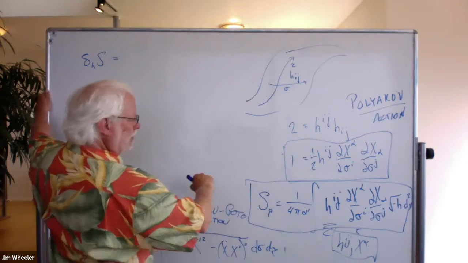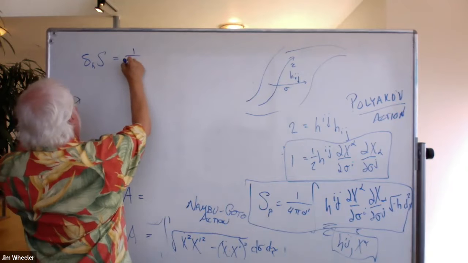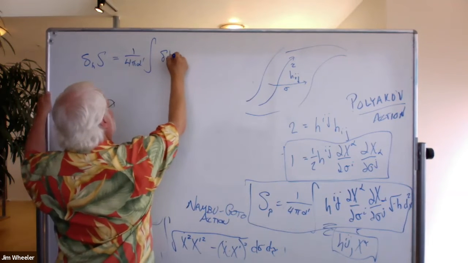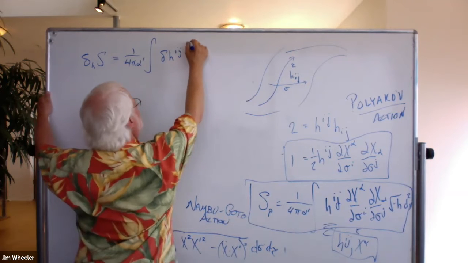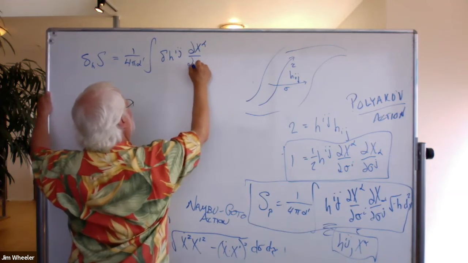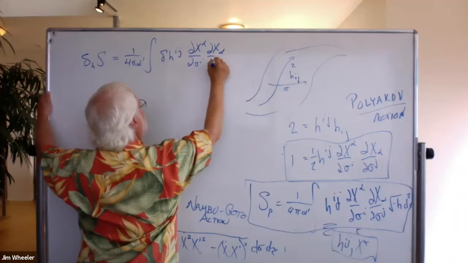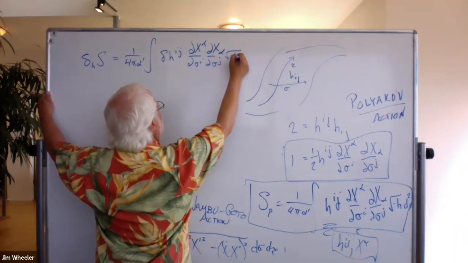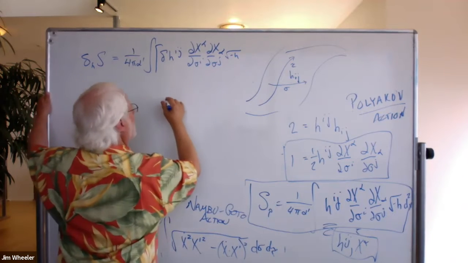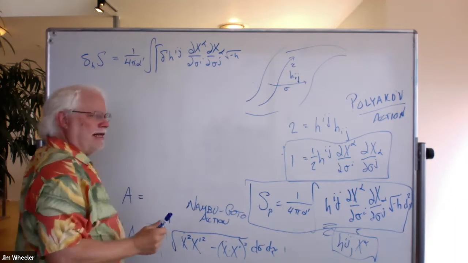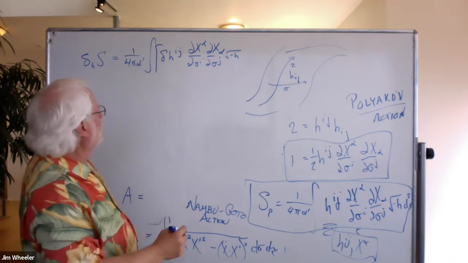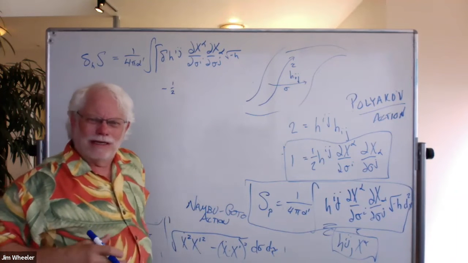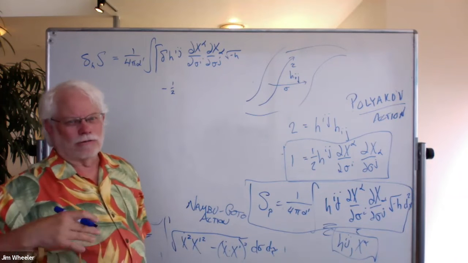So if I vary h, I get 1 over 4 pi alpha prime, and there's del h^ij with these partials, and root minus h. And then the variation of the determinant of the metric with respect to the inverse metric is -1/2. This is something that you probably went through in general relativity, or didn't, but could.